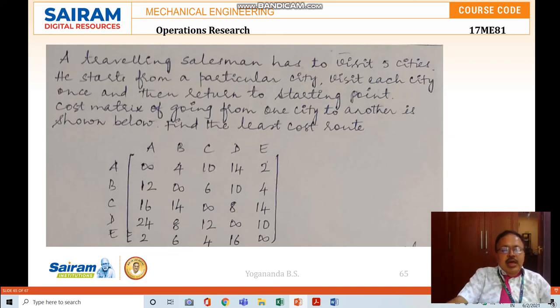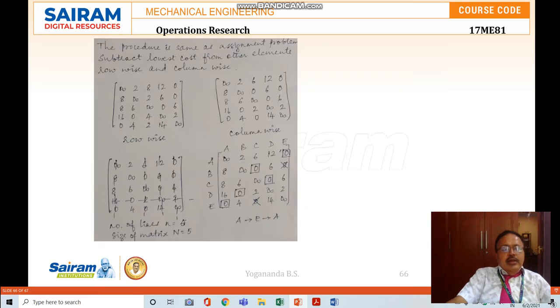Third row, 8 is the lowest cost. Fourth row, once again 8 is the lowest cost. Fifth row, 2 is the lowermost cost. Now we are getting the row minimization table.